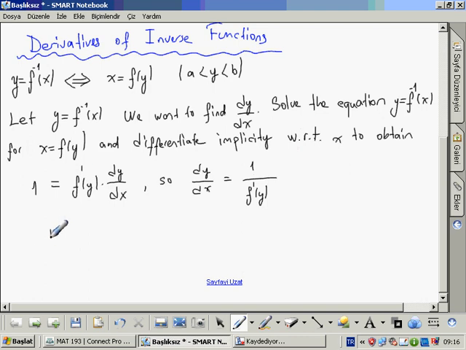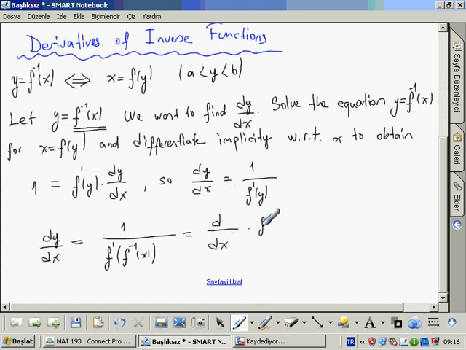And we can write the derivative of y, dy over dx, as 1 over f prime, and we know that y was inverse of f of x, so f prime of inverse of f of x, and it can be written d over dx of the f inverse of x.